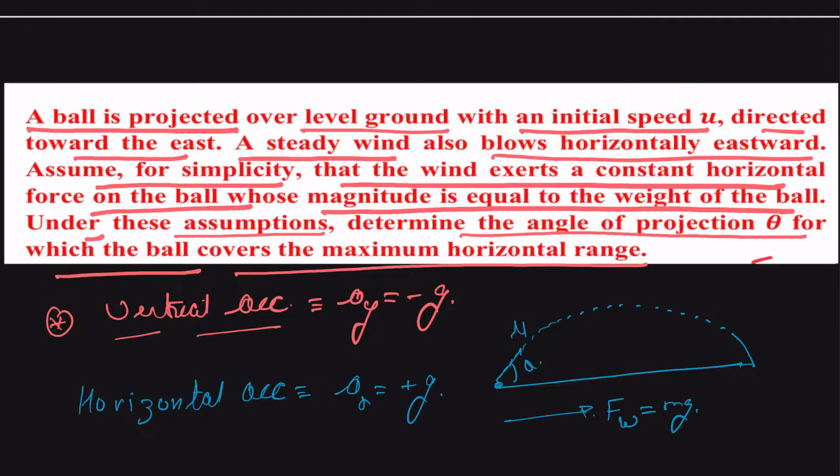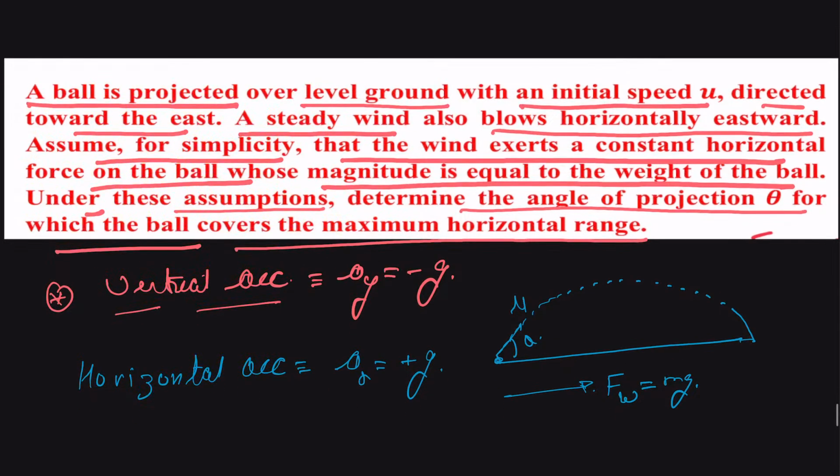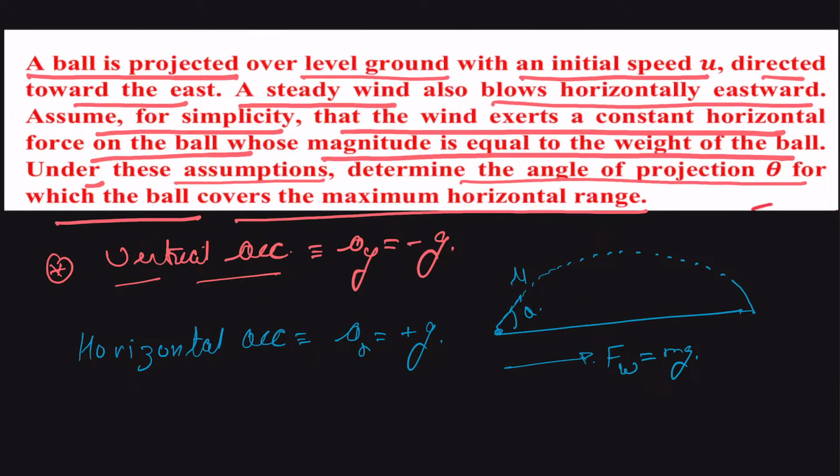We have already calculated how to find out this a of x. So they are equal in magnitude but opposite in sign. One will be downward and the other one towards our east side, that is our right side. And this u we can divide into two components. So this is your u of x and we are having u of y.